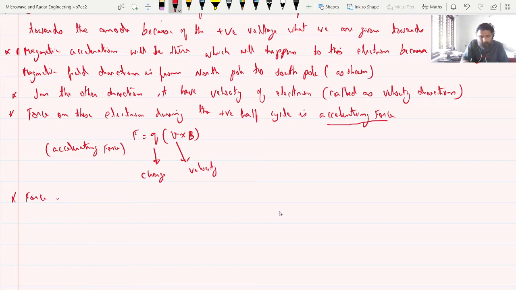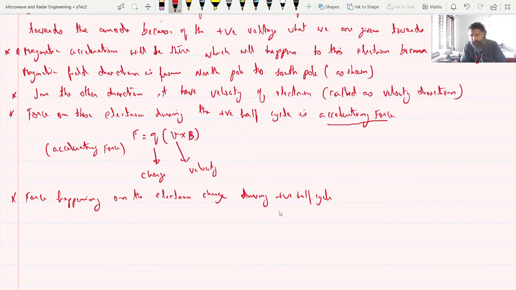The force happening on the electron charge during the positive half cycle is the accelerating force.